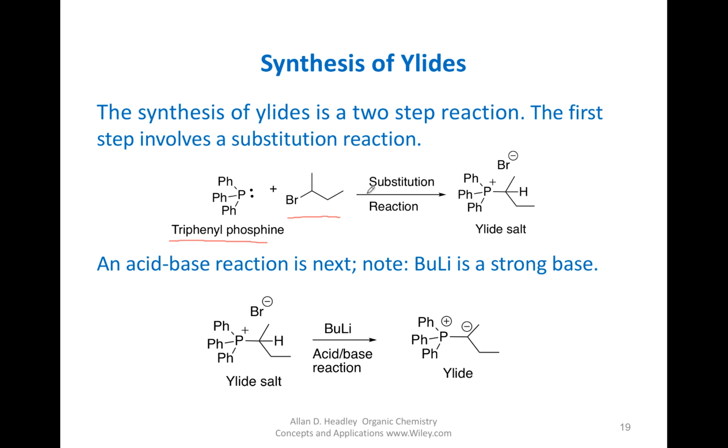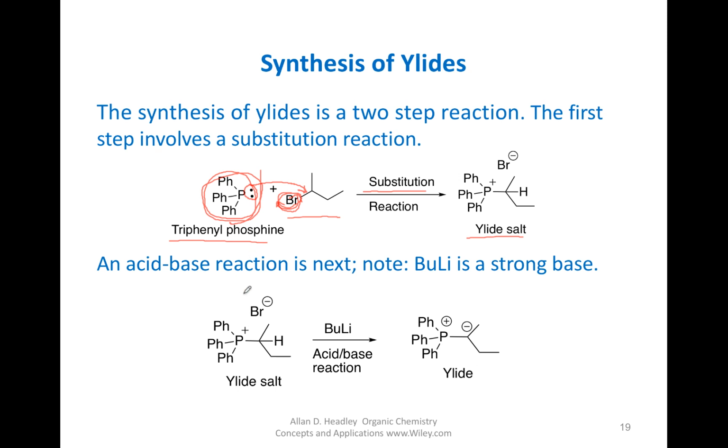So in a substitution reaction, as you can see here, a pair of electrons can substitute for the bromine. And what you have here is the ylide salt. That's a substitution of this portion, or this molecule, for the bromine, as you can see here.